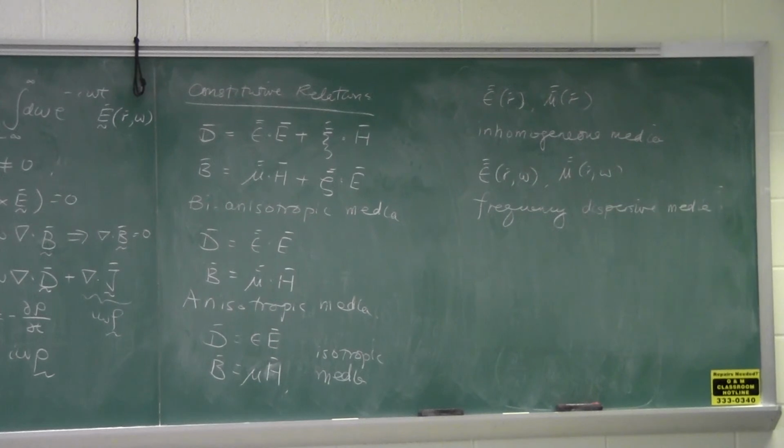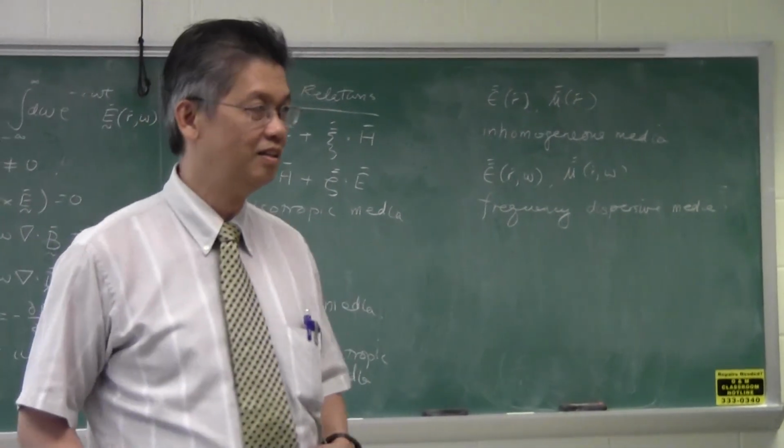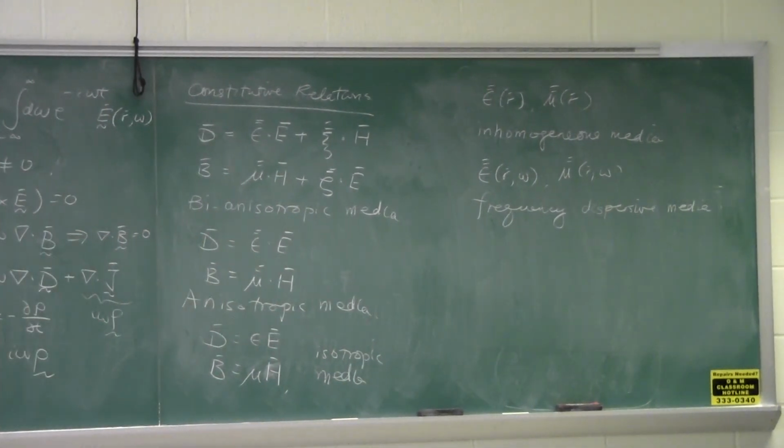What happens if epsilon and mu are not functions of frequency? What happens if they're constant? What does that mean to you? What do you say? Okay, there's one possibility: same phase velocity for all frequencies. And what does that mean to you?